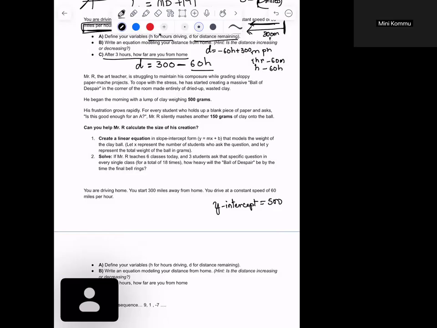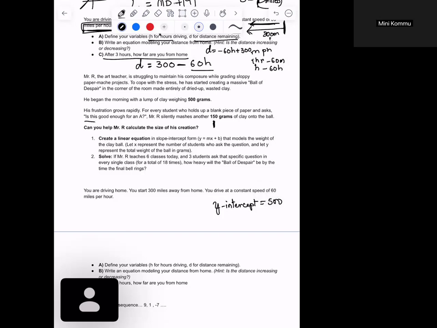His frustration grows rapidly. For every student who holds up a blank piece of paper and asks, is this good enough for an A? Mr. R silently mashes another 150 grams of clay into the ball. So read carefully.